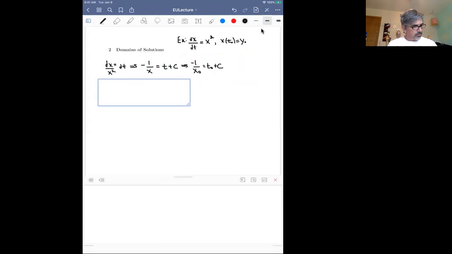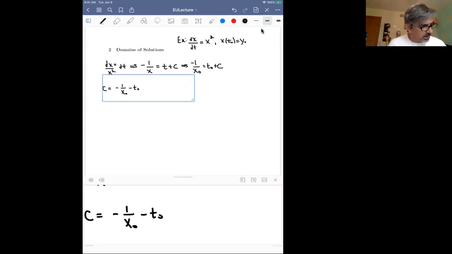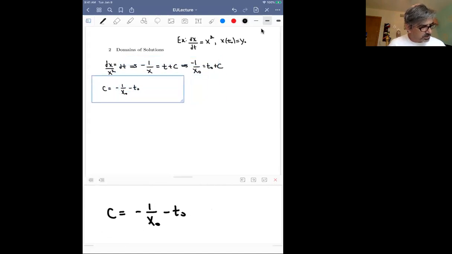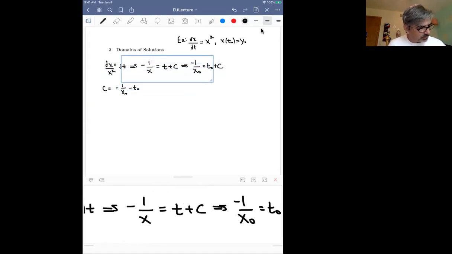Then I would solve that for c, and I get c is equal to minus 1 over x0 minus t0. I would take that value of c and plug it in here and solve for x. So let's just hold on to that c for a minute. Now let's come over here and solve this for x.